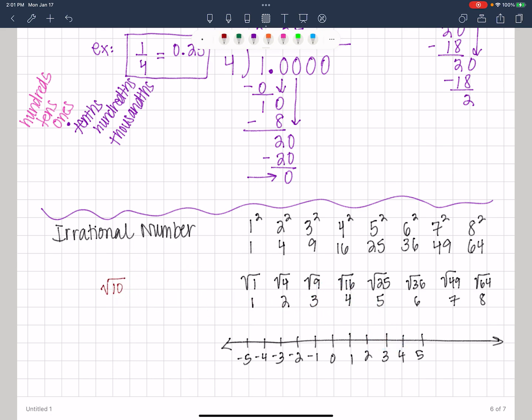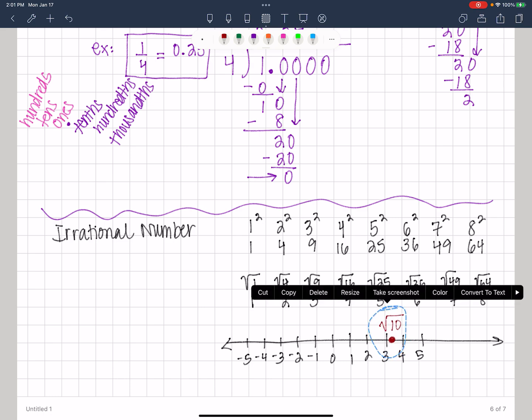Now watch this, this is some pretty nifty stuff. The square root of 10 is going to be closer to 3 than it is to 4, but it's not quite 3, so I'm going to put it just to the right of 3, and that's the square root of 10.